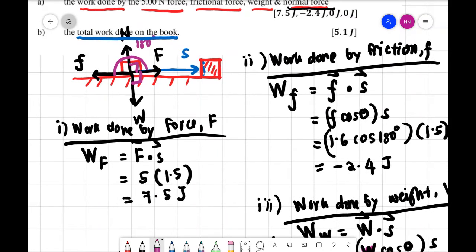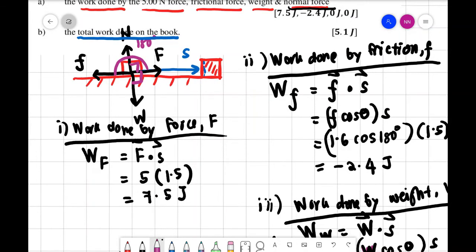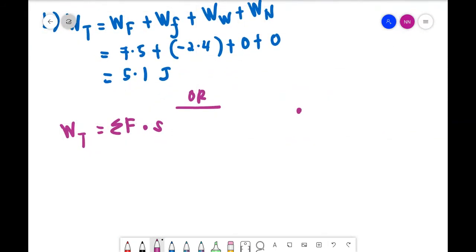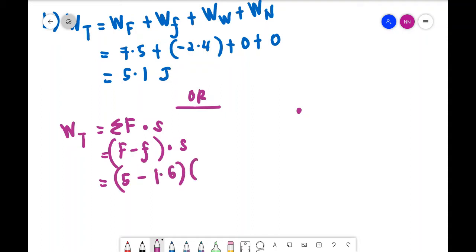We have F and friction, so the net force is F minus friction, which is parallel to the displacement S. F is 5 and the frictional force is 1.6, times displacement 1.5.